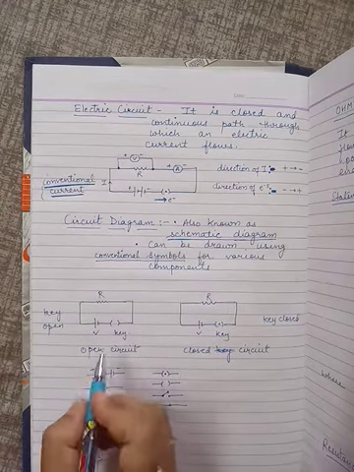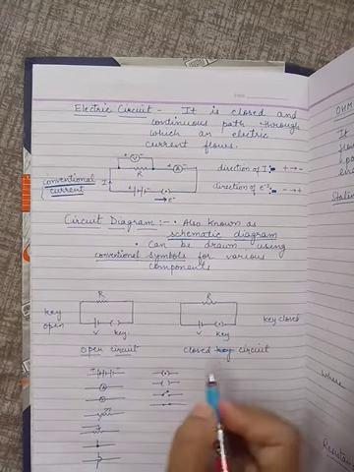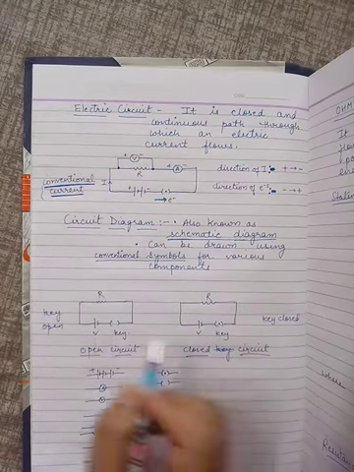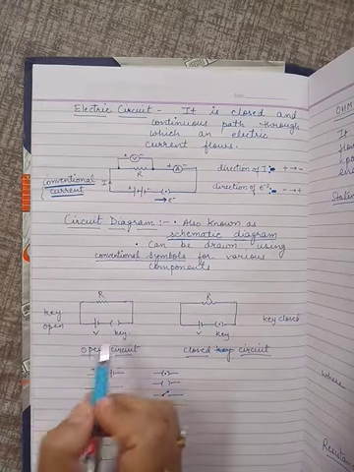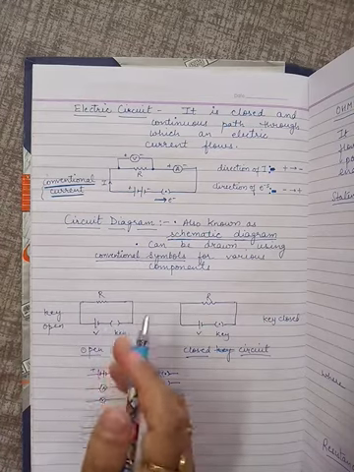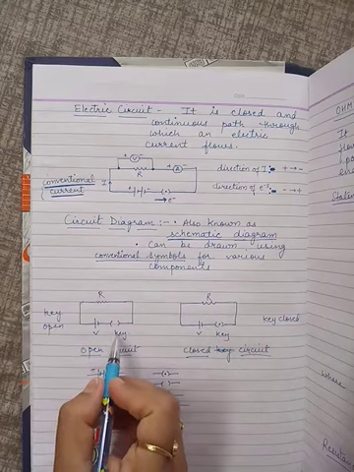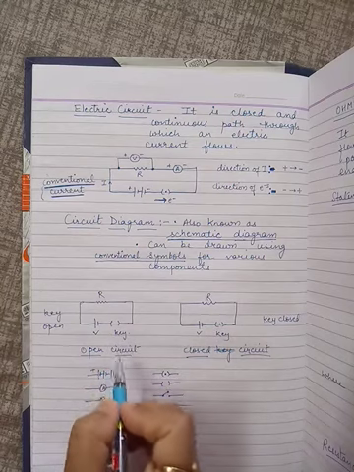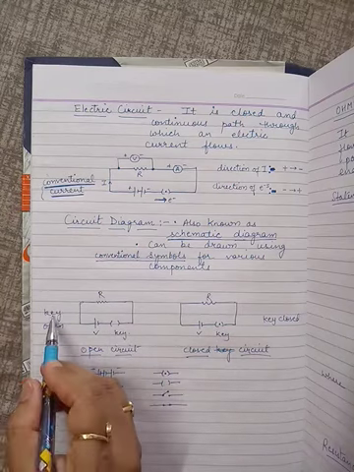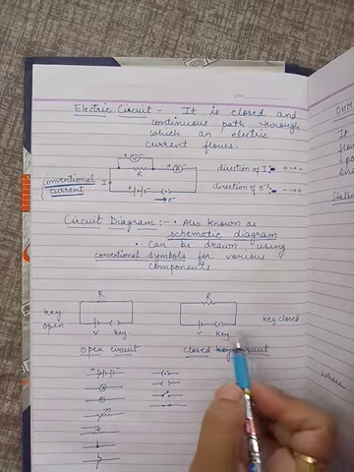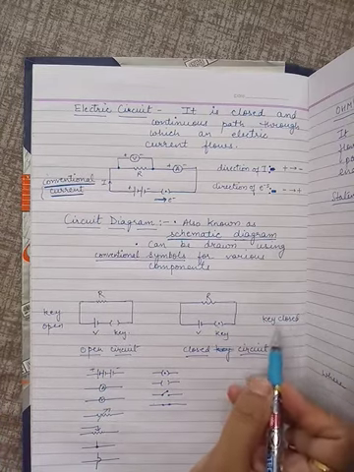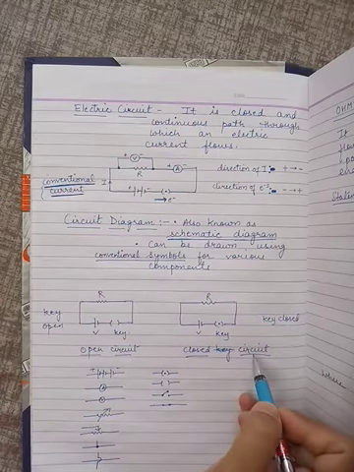Now here I have drawn one open circuit and one closed circuit. This is a simple circuit I have drawn. In any circuit when we are using a key, if the key is open, it will be called an open circuit, and if the key is closed, it will be called a closed circuit.